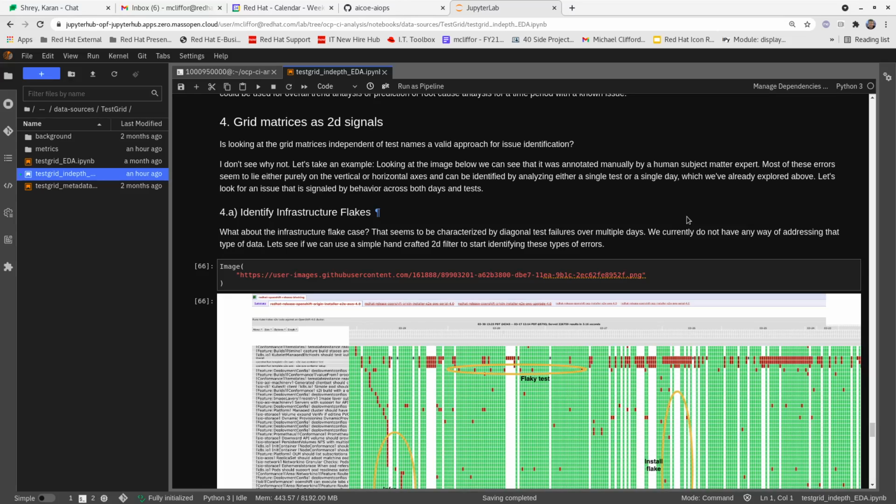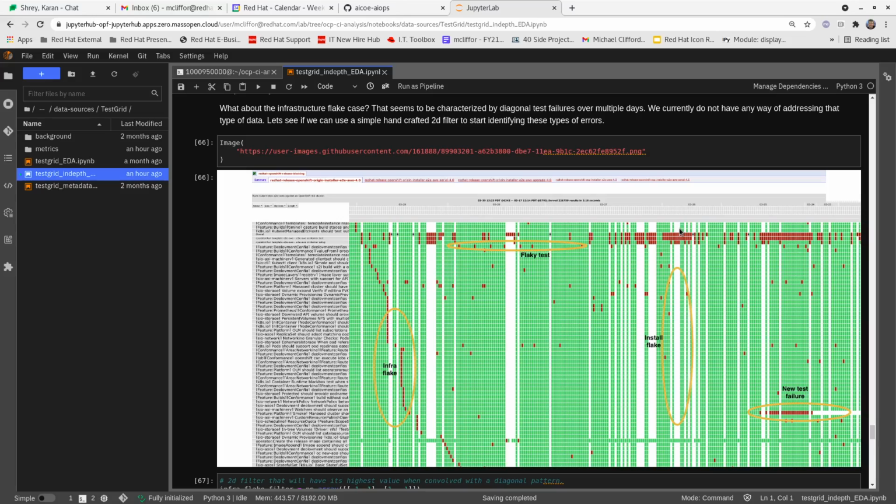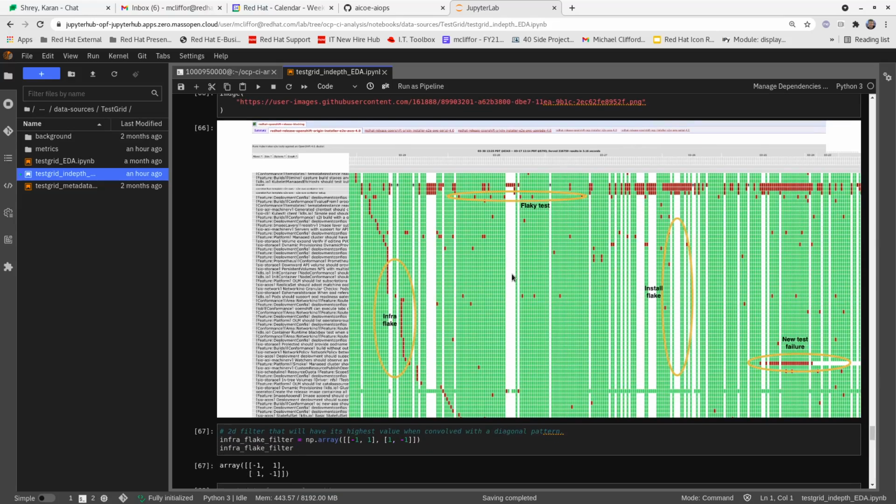So for example, there is a particular annotated image of a test grid that was done showing how some of the different patterns that can occur are representative of different types of errors. So there's infrastructure flakes, flaky tests, install flakes, and new test failures. And they all have unique patterns.